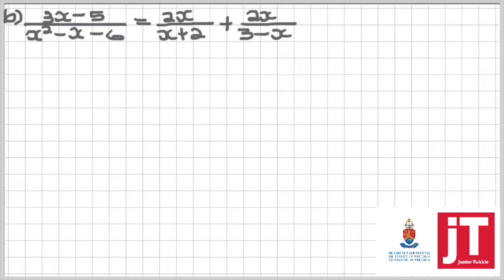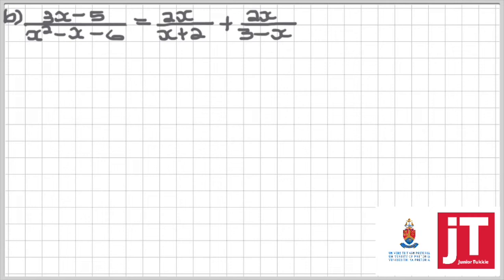So you need to be able to factorize whatever is factorizable, whether it appears in the numerator or denominator. As long as you can factorize it, it's in your best interest to factorize it. So that trinomial, which makes up the denominator of the first fraction, and I'm specifically referring to that x squared minus x minus 6, you need to be able to factorize it into its respective factors.